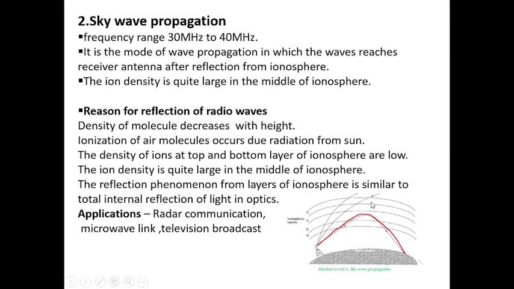So here, for one particular height, let us say far from the earth surface, the intensity of the sunlight is large. Intensity means the number of photons is very large, and as we move away from the earth, the density goes on decreasing. Density decreasing means the number of molecules available decreases.